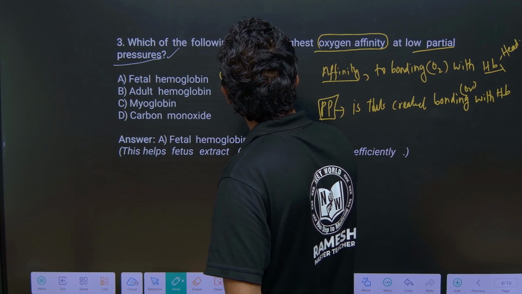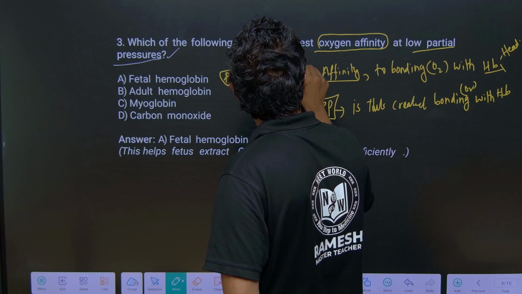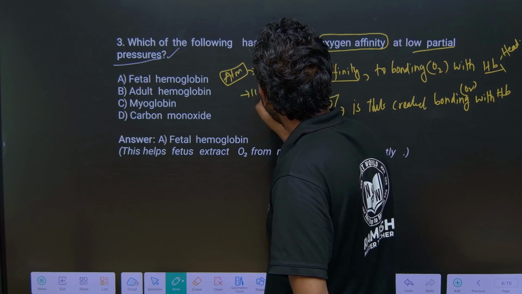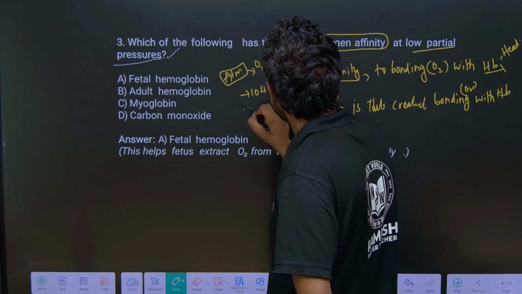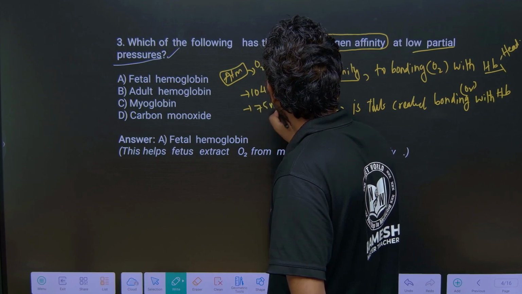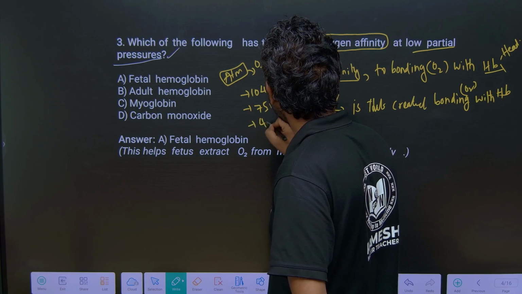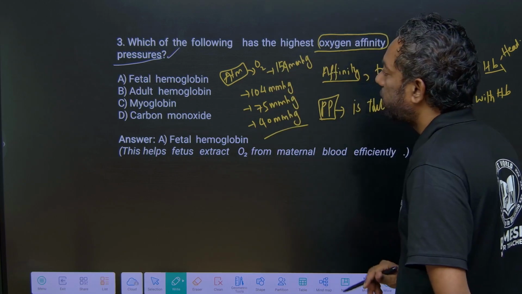Oxygen partial pressure in the atmosphere is 159 mmHg. In the lungs 104 mmHg. In the blood 75 mmHg. In the tissue, 40 mmHg. This is the partial pressure ratio.